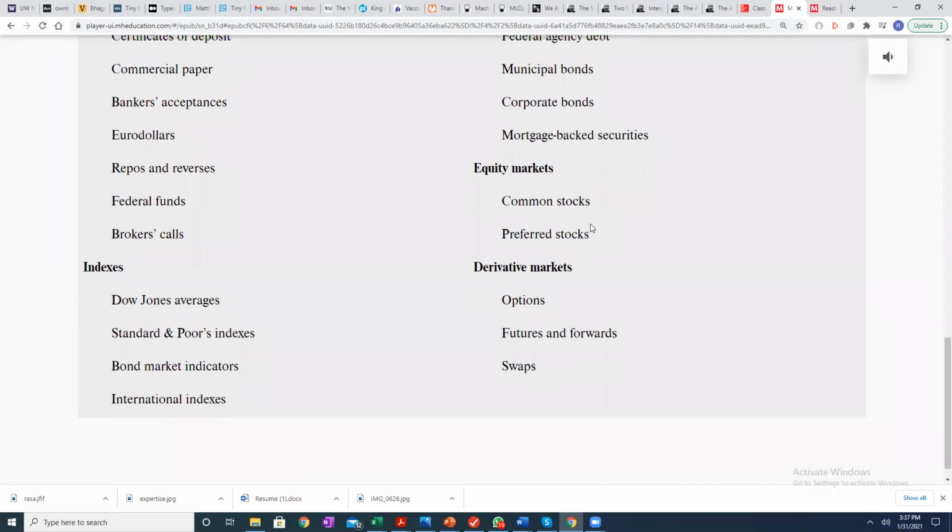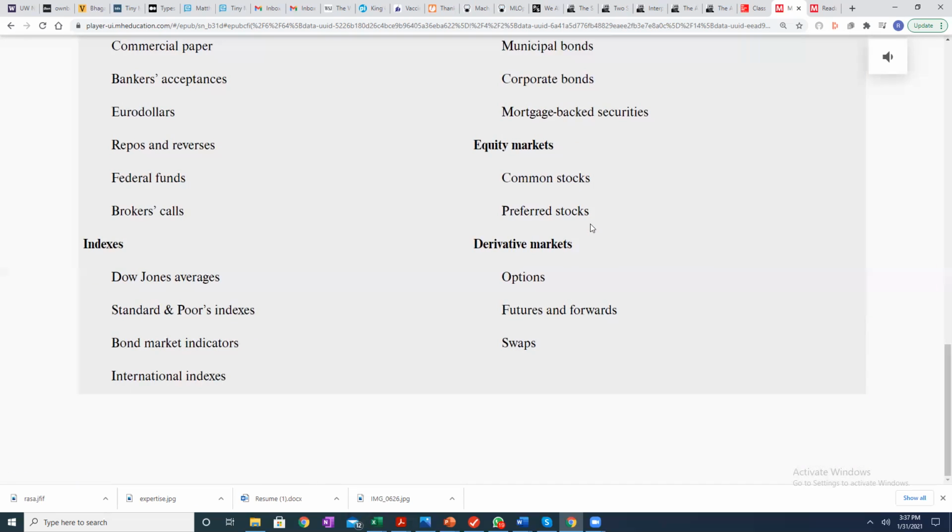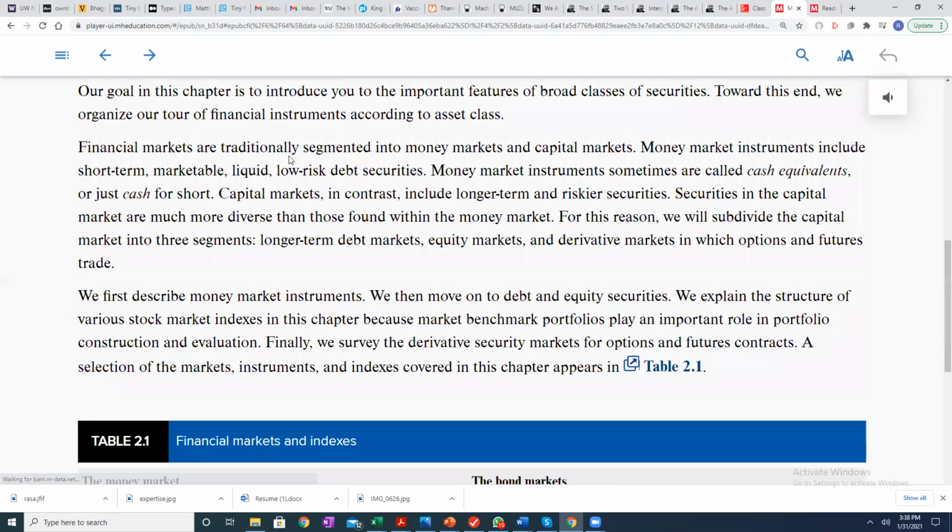Then we have equity markets, the common stocks and preferred stocks. Then we have various indices like the Dow Jones Average, Standard and Poor's indices, bond market indicators, and international indices. And for derivative markets, we have options, futures, and swaps.